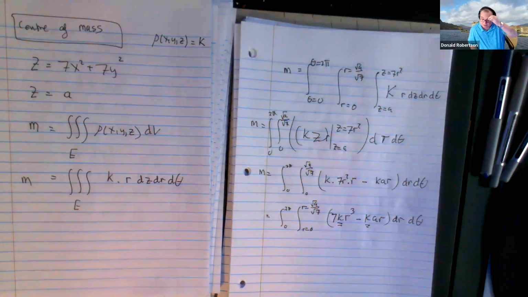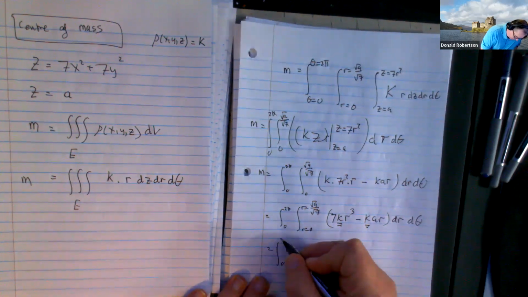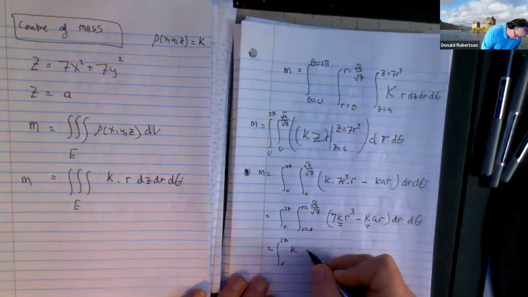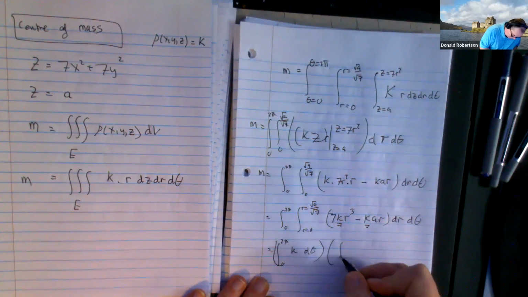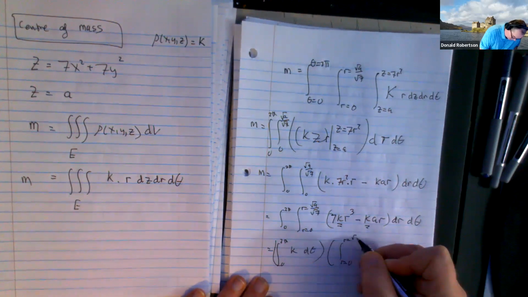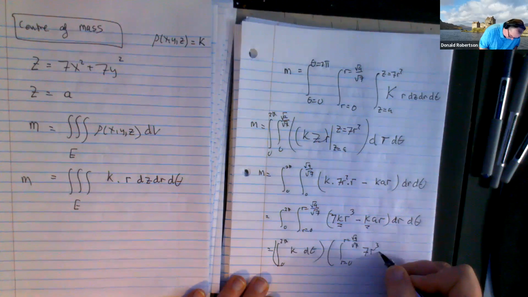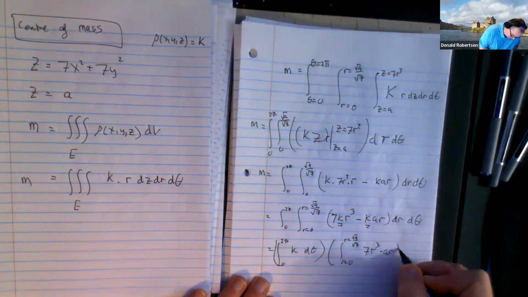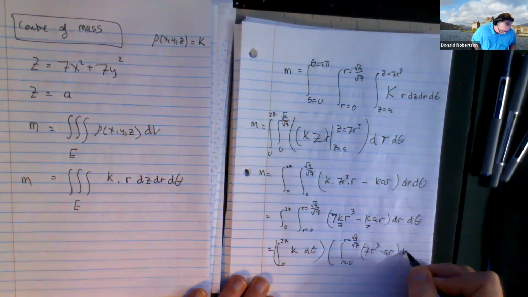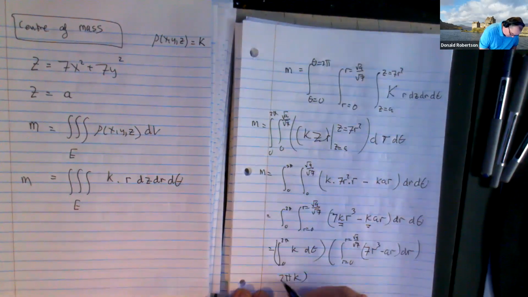Right. So I'm going to pull that guy out and give it to the thetas. And then I'm going to do r equals 0 to that guy. And it's going to be 7r cubed, take away ar dr.